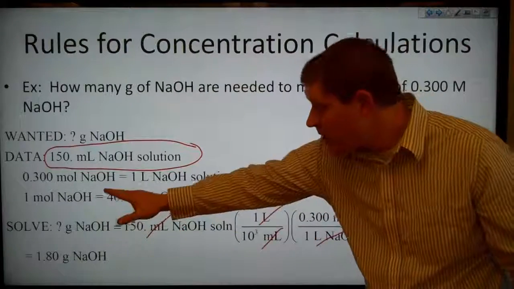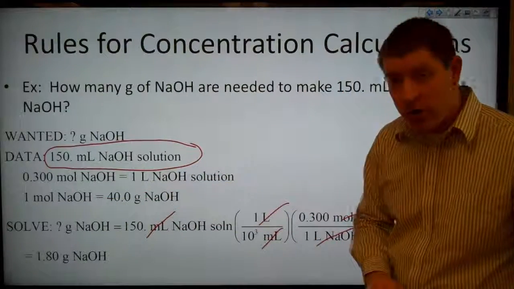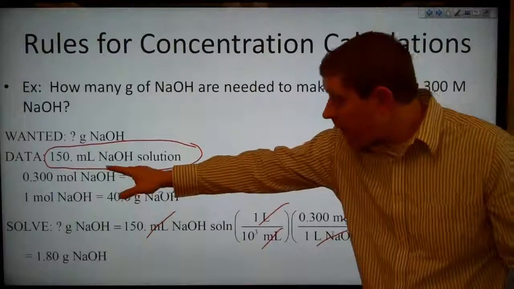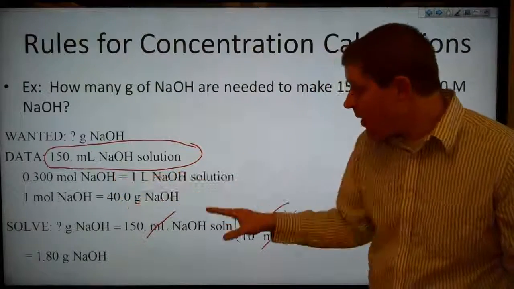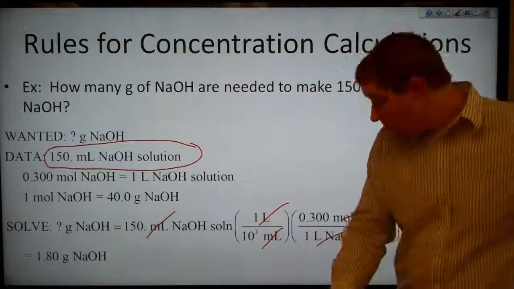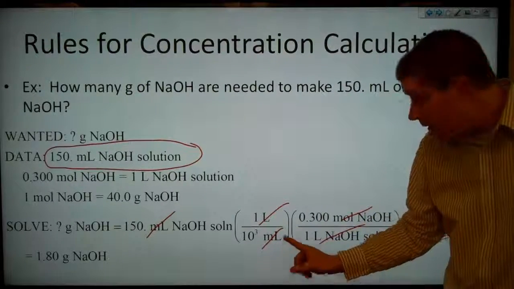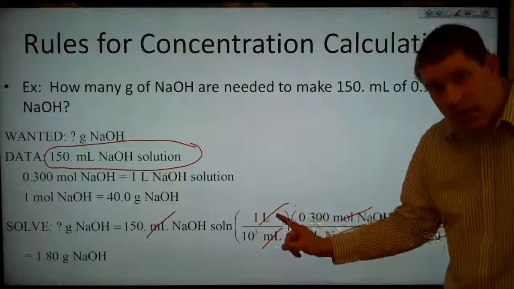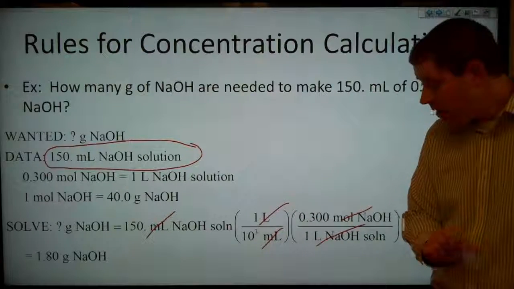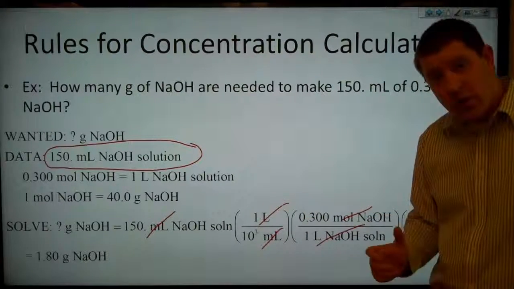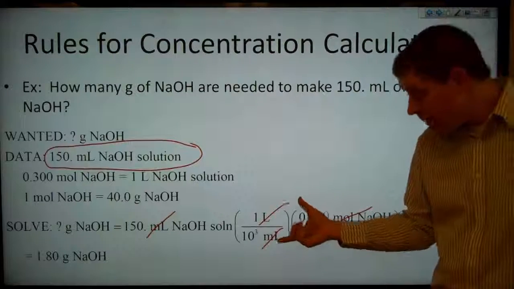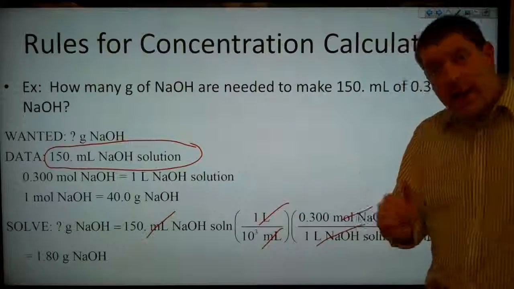We don't want to write 1 mole equals 40 grams. And we don't want to write 0.3 moles equals 1 liter. But down here, where we have 1,000 milliliters equals 1 liter, we don't need to have a substance formula attached. We don't need a complete label on that because that's true for any substance.